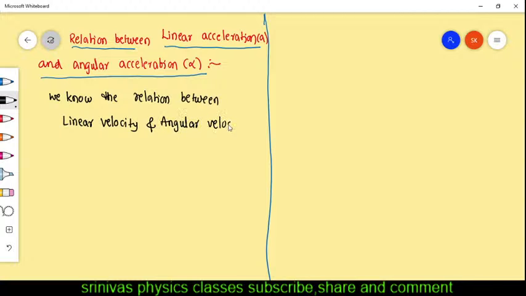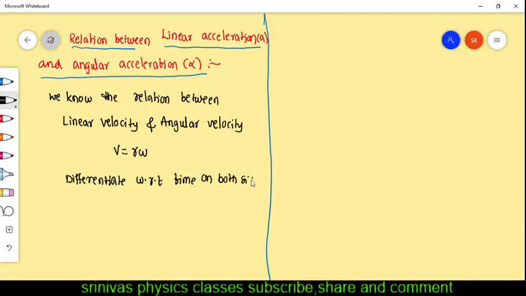V is equal to r omega, right? Now differentiate with respect to time on both sides.